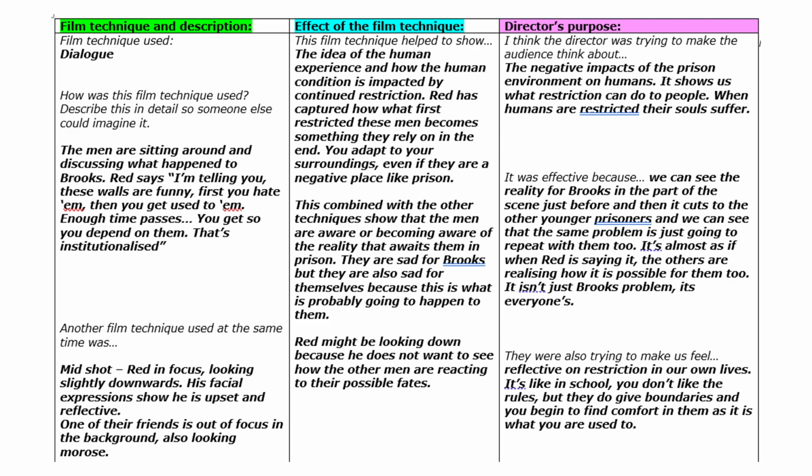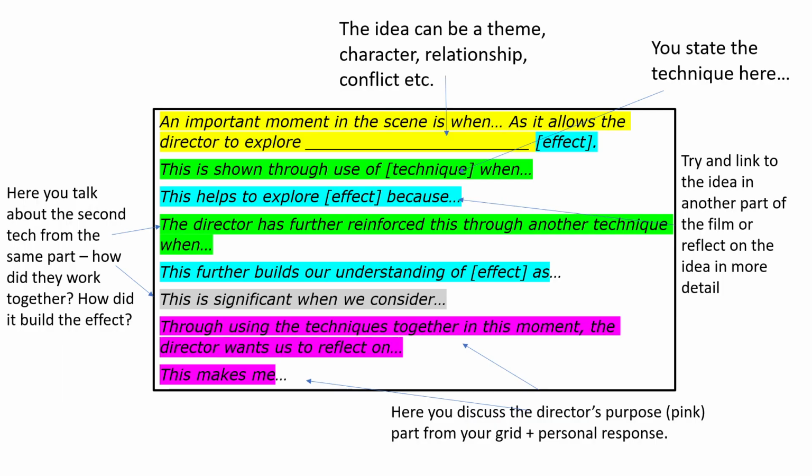Then they have talked about facial expressions, which is a 3rd technique, and then they have talked about focus, which is a 4th technique. They have written here the ideas that it helps to show and an explanation of those multiple techniques together, and then some notes for the director's purpose. So those will make a very detailed example, which would then work into a paragraph.